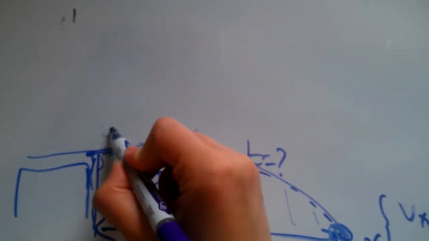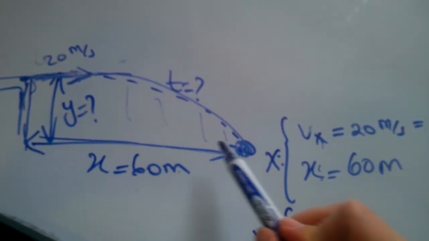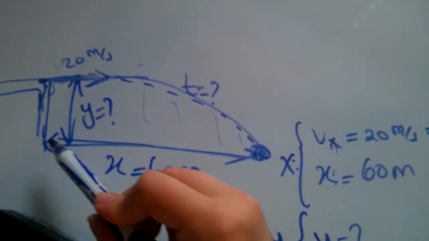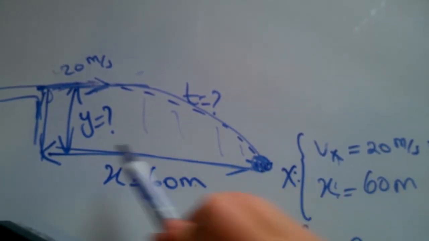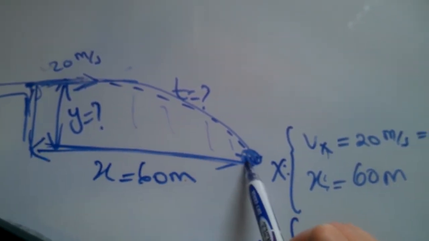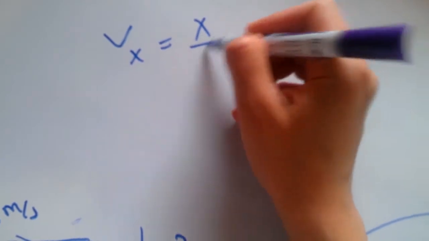Along the X direction, I go with a constant velocity of 20 meters per second. I'm looking for the time, and I already have the X, the distance where it lands on the floor, and it's exactly horizontal as well. So horizontals go together. I already know V is distance over time.